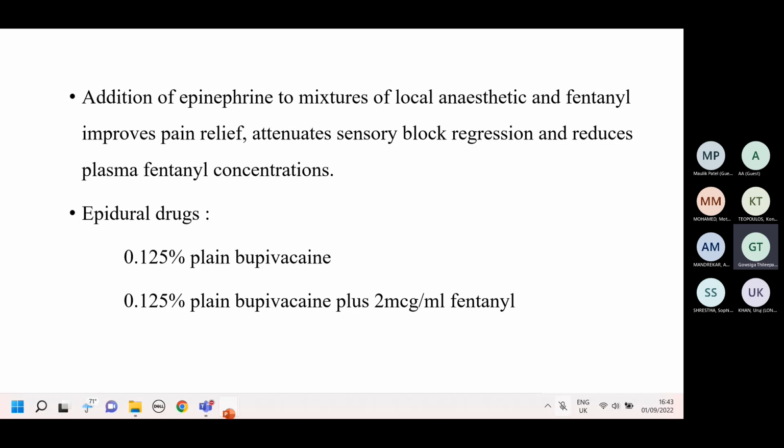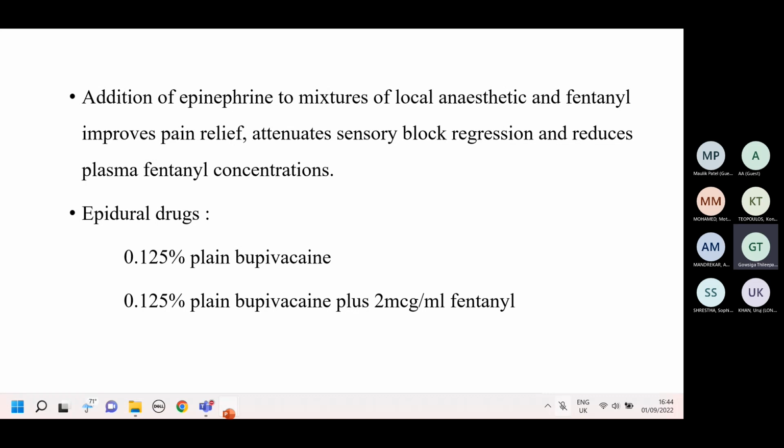You can use these drugs when the patient is getting systemic PCA or opioids, so we can avoid opioids or fentanyl in the epidural infusion. So always you should know what's going on with the patient, whether he's on epidural opioids or not, right?